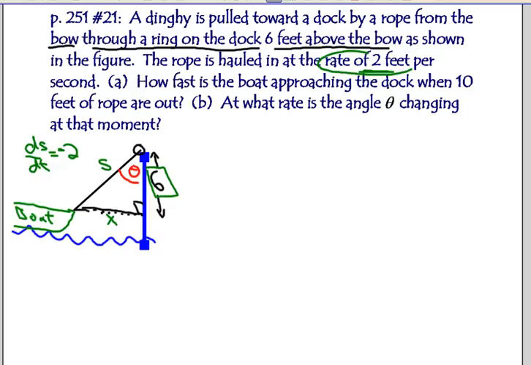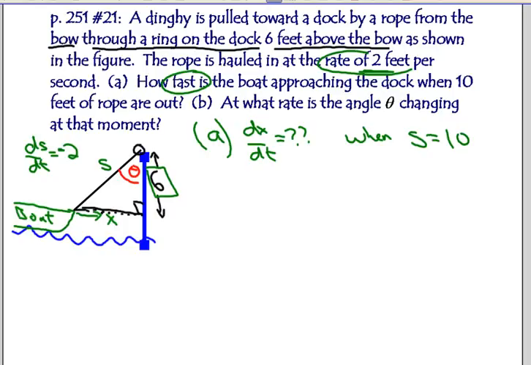Part A: how fast is the boat approaching the dock? That's right over here. So the question is dx/dt, that's what we're looking for, when 10 feet of rope are out. So when s equals 10.